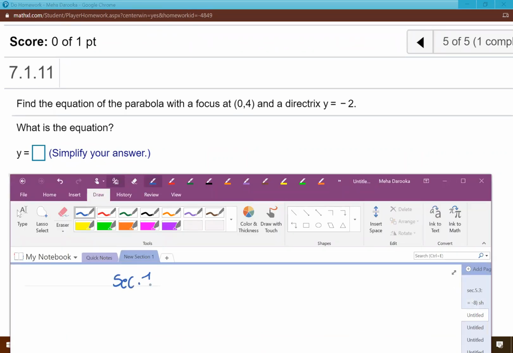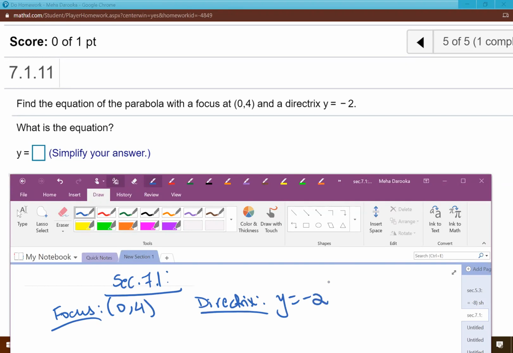So this is for 7.1. We have focus at 0, 4 and directrix at y equals -2.